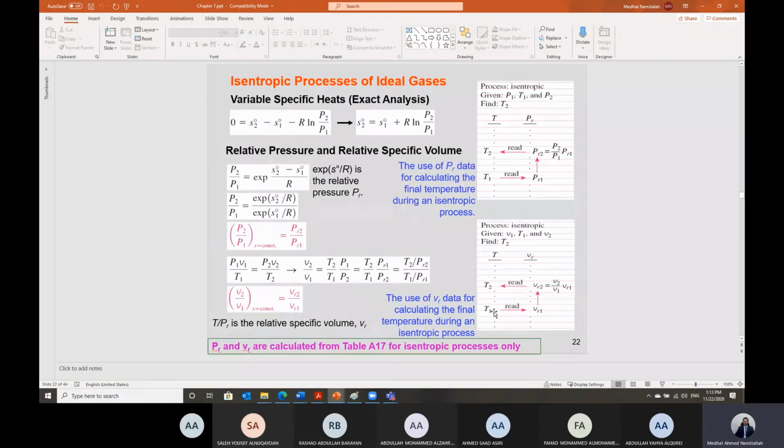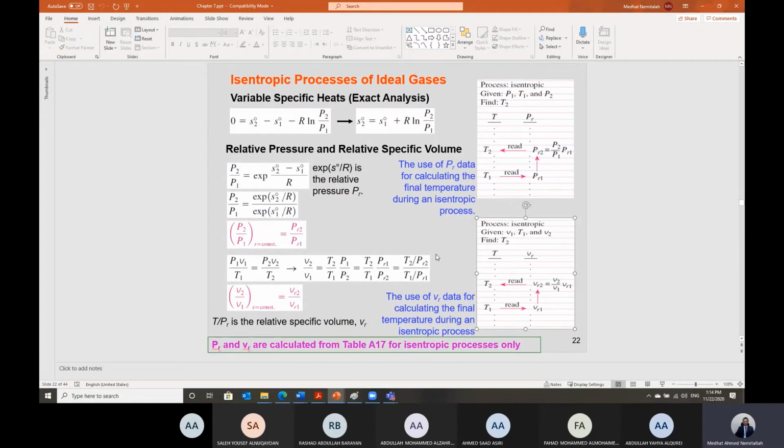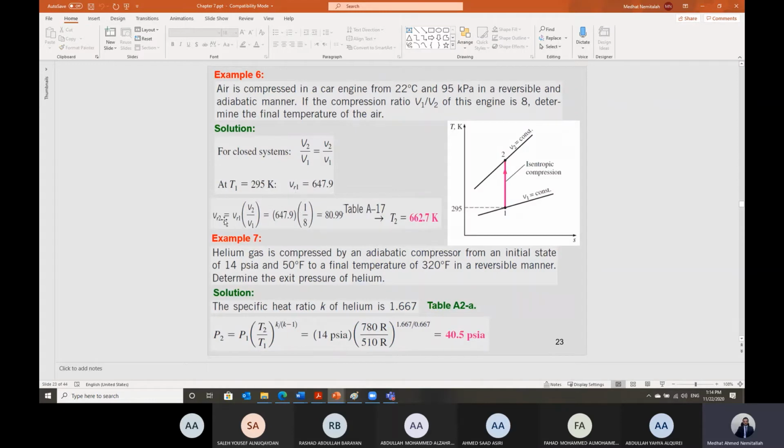So with temperature T1, I will go to the table and get V relative 1. Then I can calculate V relative 2 as the process is isentropic, which is V2 over V1 multiplied by V relative 1. Then I can go to the table back with V relative 2 and calculate the temperature T2. Here V2 over V1 is given. So at T1, 295, you can check those values from table A17. Then I can get V relative 1. Then we can calculate V relative 2 based on this ratio.